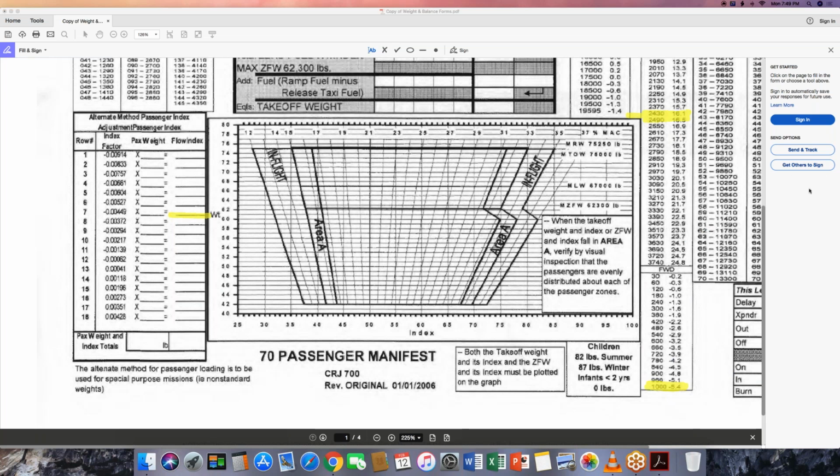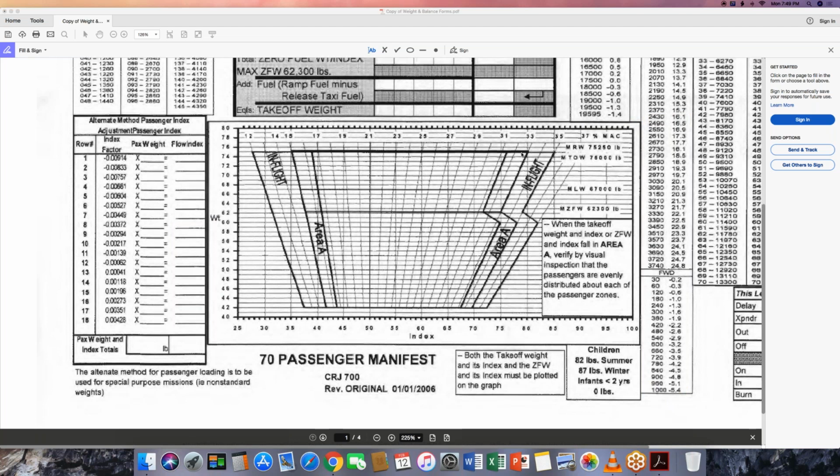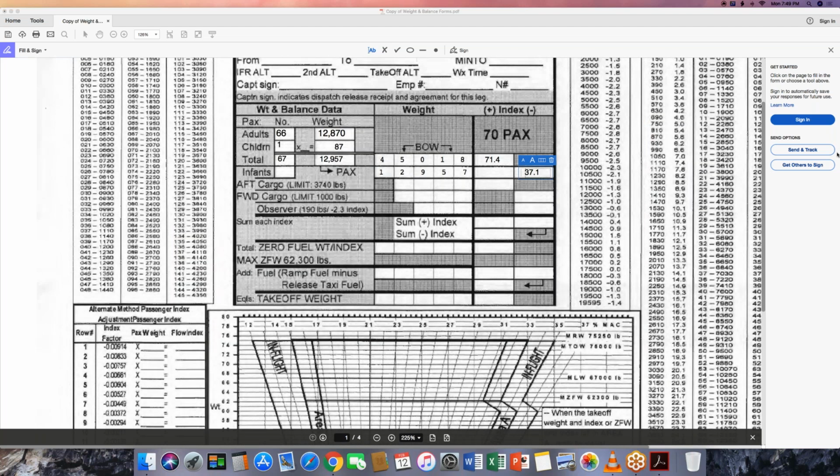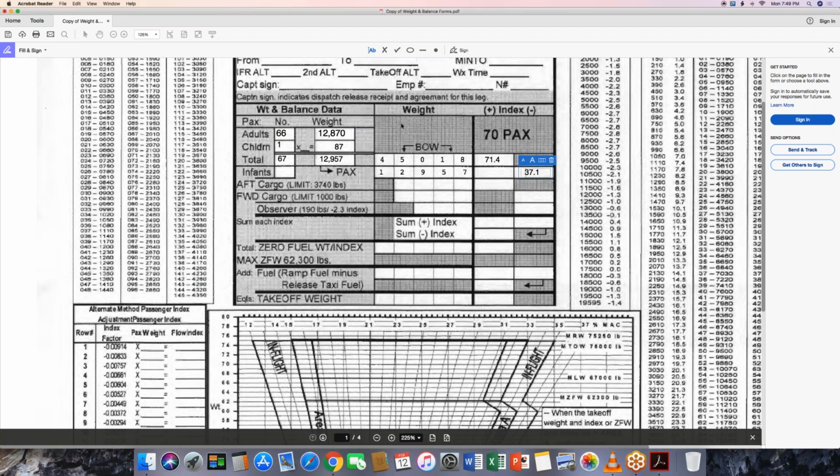I got 16.3 for the index. Okay. Let's see. So aft cargo was 2450.